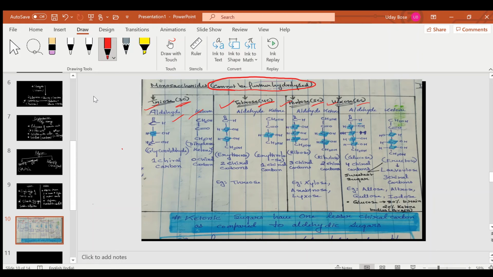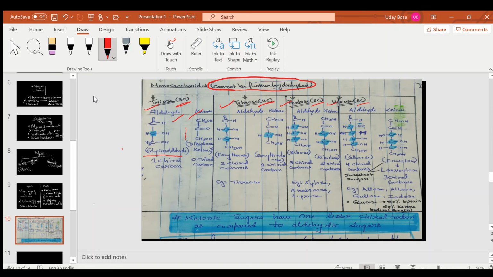So in case of triose, in aldose type of monosaccharide, I have selected glyceraldehyde. This is the simplest monosaccharide, and it has 3 carbons, as is very clearly visible here.